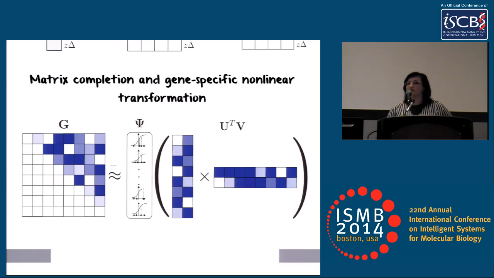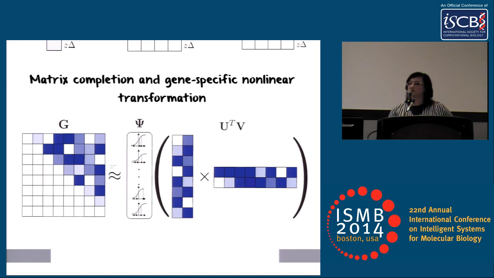The next part is actually the factorized model. Here we have our input data matrix, the matrix of double mutant phenotypes, and we factorize this matrix into a product of 2 smaller lower dimensional matrices, here shown as U and V. But the idea is that we do not use only a linear latent model.